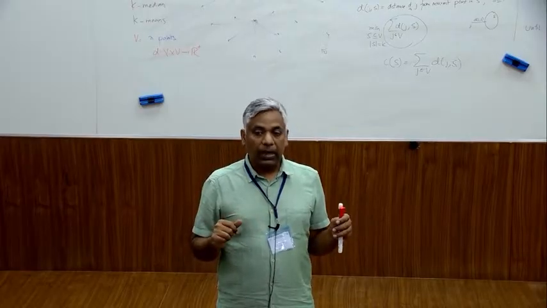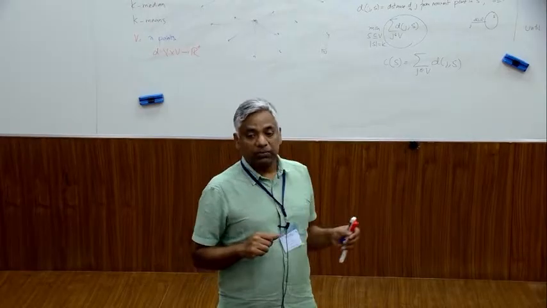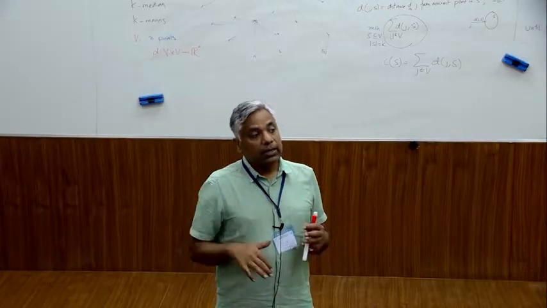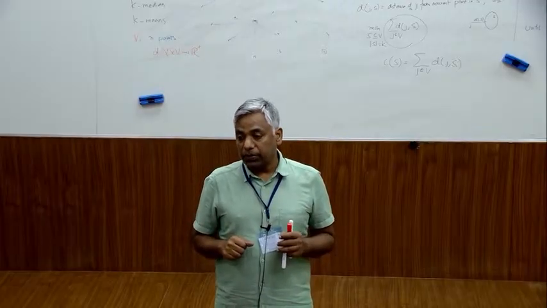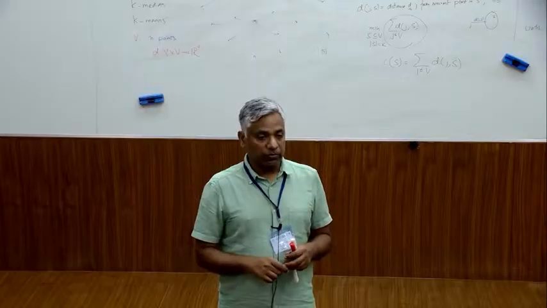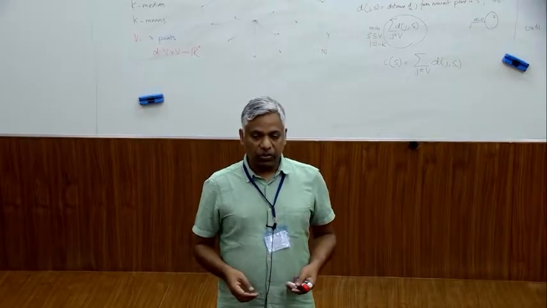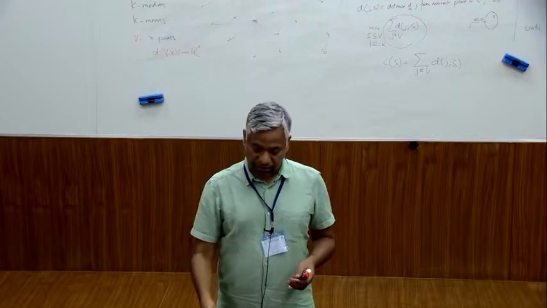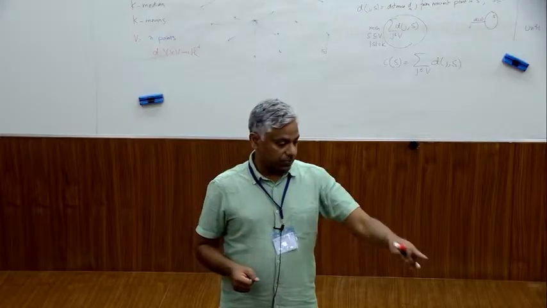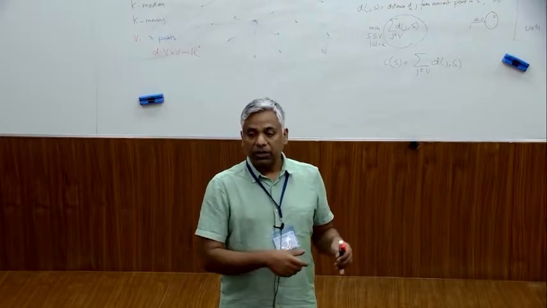I already told you what the K means problem. There are many facility location problems. Here I told you how many centers you want to open. But suppose I don't tell you how many centers you want to open, but there is a cost of opening each center. Like you would imagine in a facility location setting, if I set up an ATM here, maybe it costs 10 lakh rupees. If I set up an ATM there, maybe it costs 5 lakh rupees.